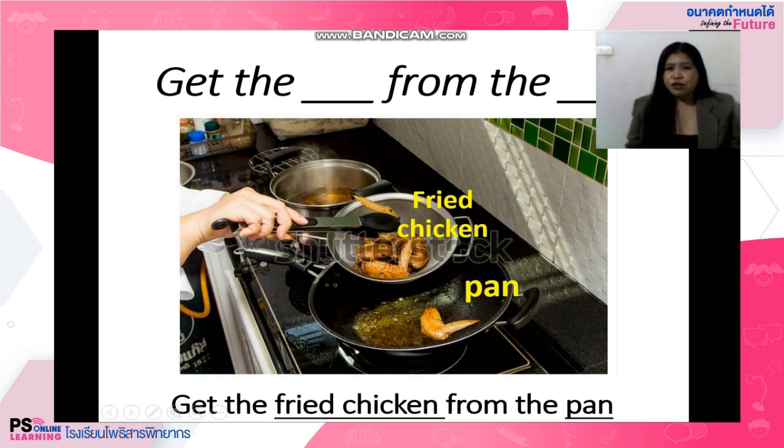Okay, meaning you're going to remove the chicken from the pan. You can say remove the fried chicken from the pan is also okay. Or you can say transfer the fried chicken from the pan. Or no need, just get the fried chicken.